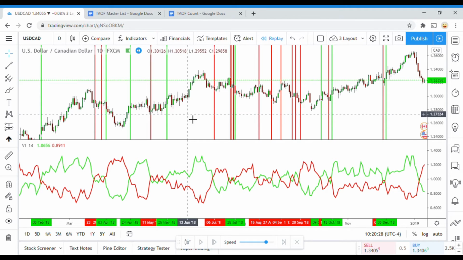They do really good at calling the moves where action is really taking place, but their downfall is almost always when it hits a ranging market, the indicator just gets annihilated with these choppy in and out, in and out, in and out moves that end up just being a whole bunch of losses.